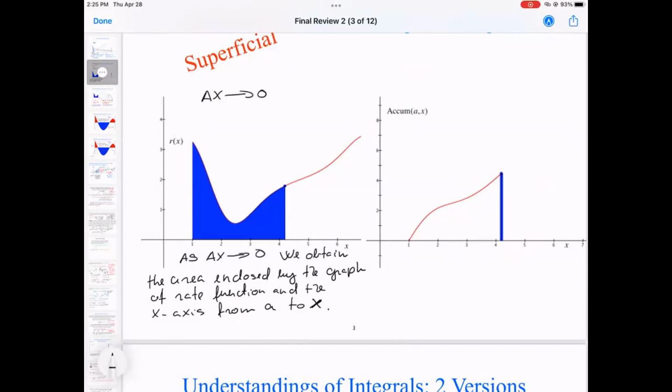And on the accumulation graph, we get the value, right? The accumulation function, the distance, that's the net change.